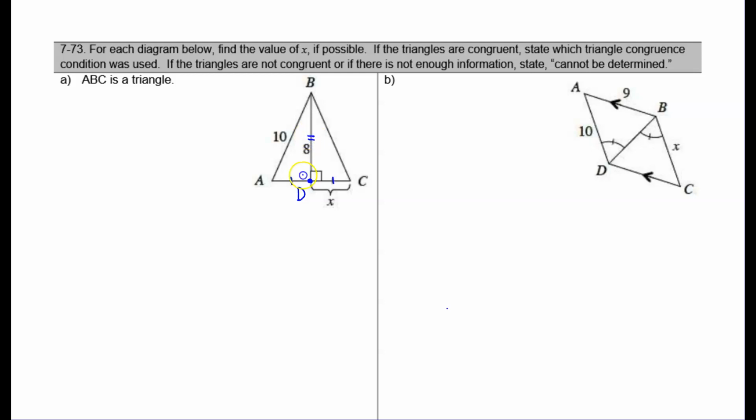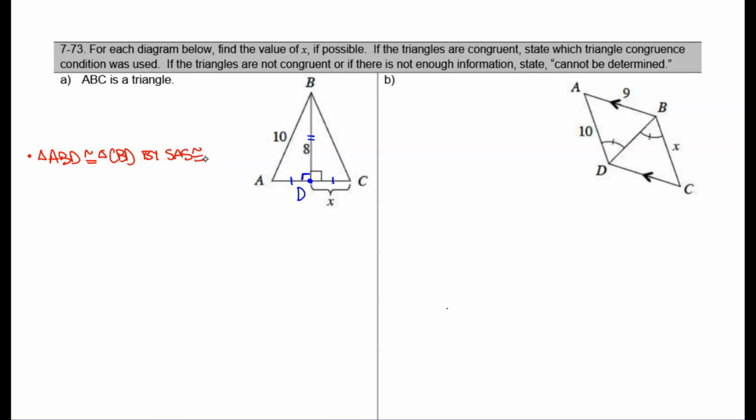And I see that I've got another right angle here on the left-hand side of that segment, that's segment BD. Okay, so right off the bat here, I'm going to say that triangle ABD is congruent to triangle CBD by side angle side congruence.